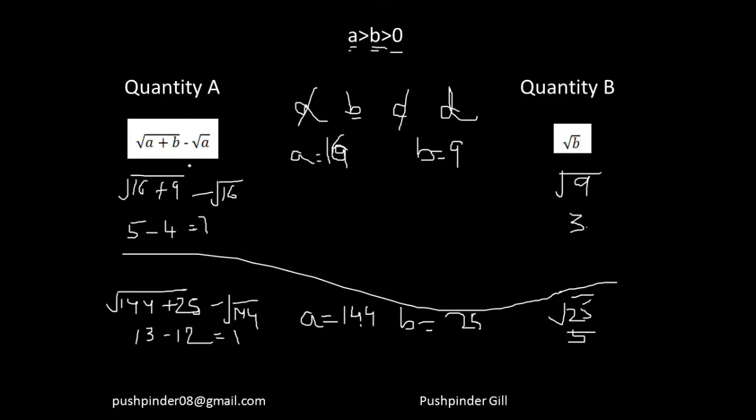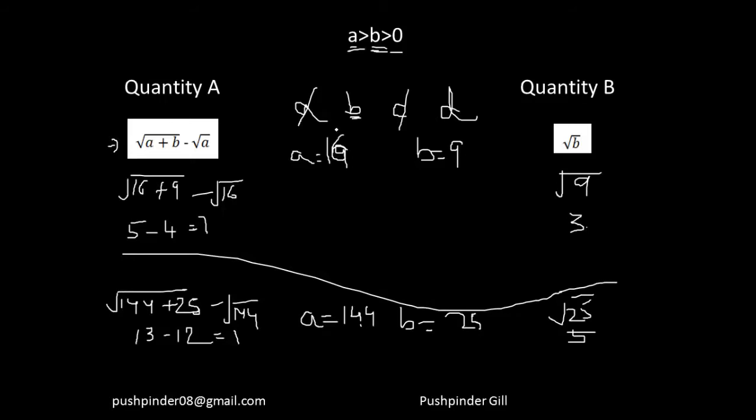This is root of A plus B minus root of A, and this is root of B. So this value is always going to be less than that value. Why? Because root of A plus B is only a little greater than root of A, since A is greater than B. That means quantity B will always remain greater than quantity A.